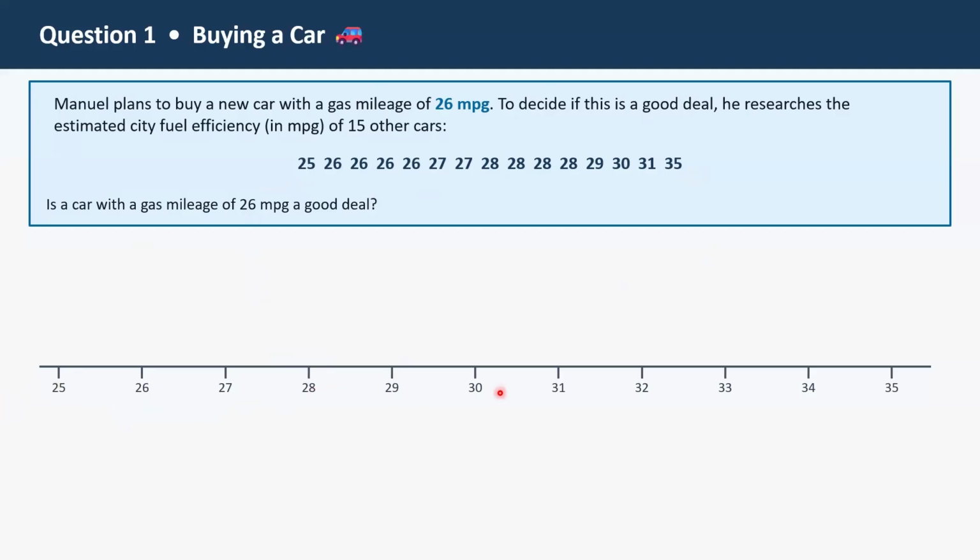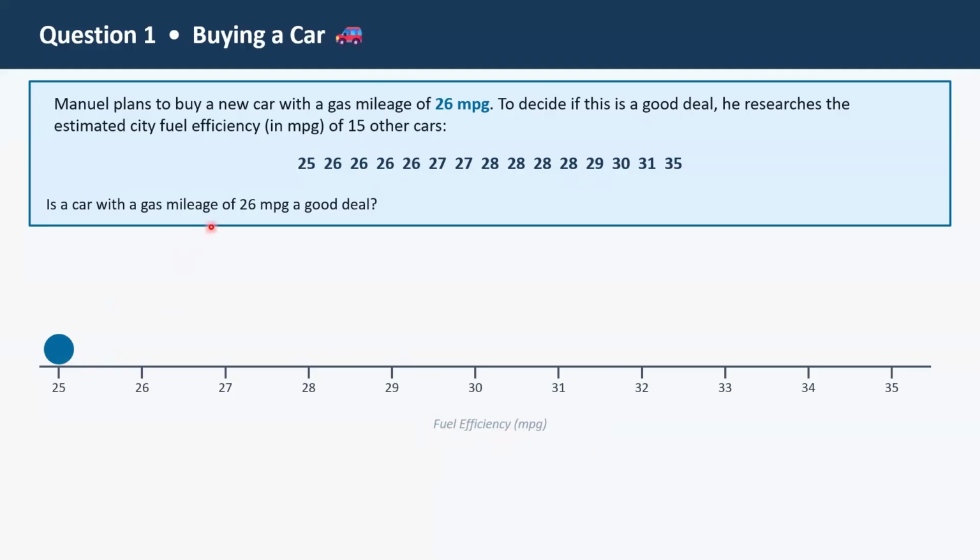The numbers must be equally spaced. Then we will start putting a dot for each data value. We'll also label what this is. So these data are the fuel efficiency in miles per gallon.